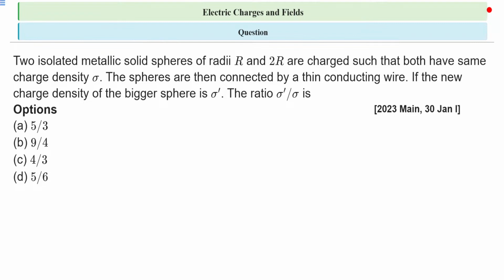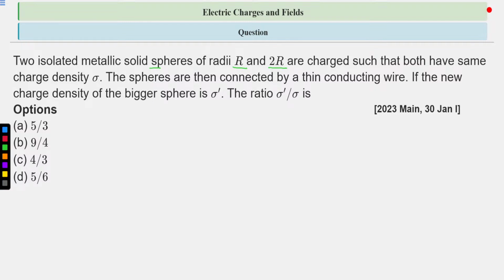Okay, so our first question: two isolated metallic solid spheres of radii r and 2r are charged such that both have same charge density sigma.